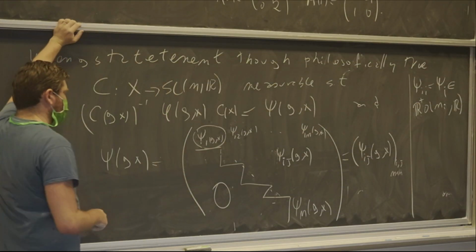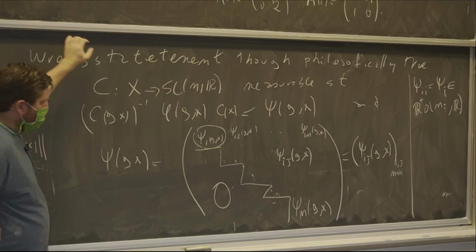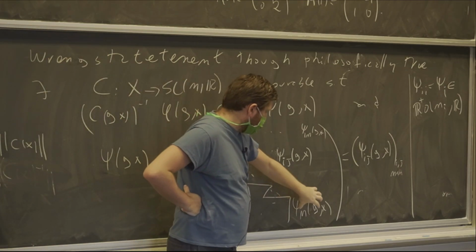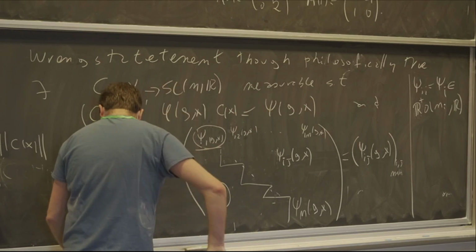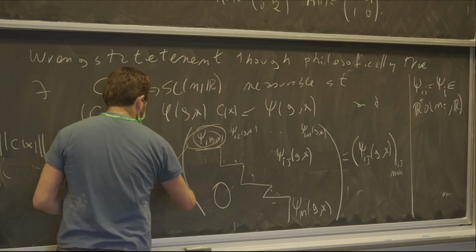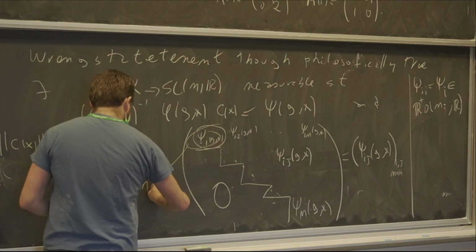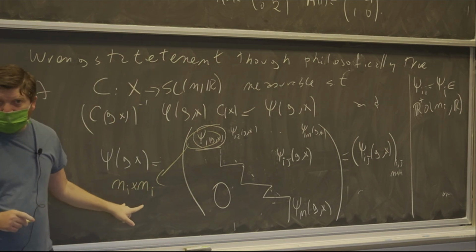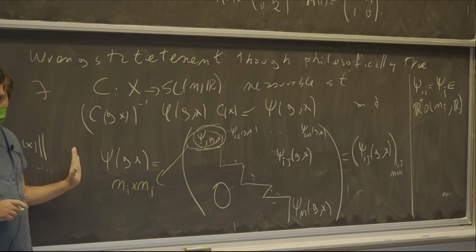Psi 1 all the way up to psi n, but you don't mean that these are 1 by 1 blocks. No, these are n_i by n_i. Yes. So each of these is an n_i by n_i matrix. But it's not any n_i by n_i, it is orthogonal times R plus. Yes.